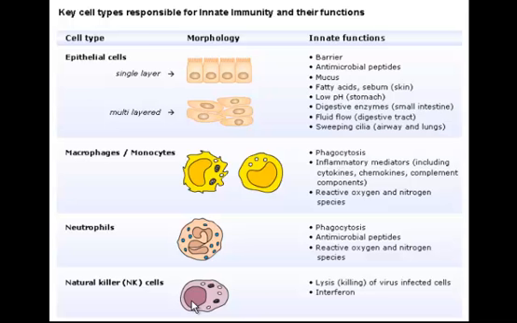And so they'll recognize specific surface markers on these different pathogens, and they will undergo or mediate this process of phagocytosis. And once they do this and they start breaking down the bacteria or the other pathogen, they will also start secreting some of these inflammatory mediators.